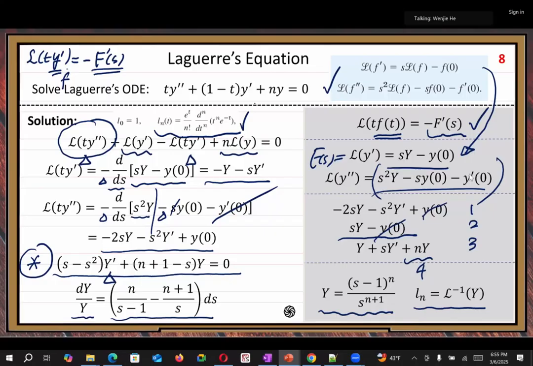Other than that, linear system is second most important. Then series solutions are relatively simple, but the calculation is very hard. The idea is so simple, but the calculation is very hard. It's a relatively small topic.